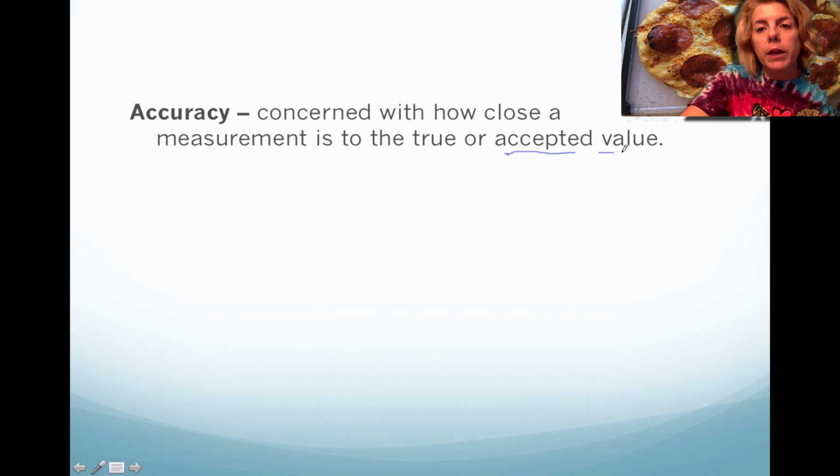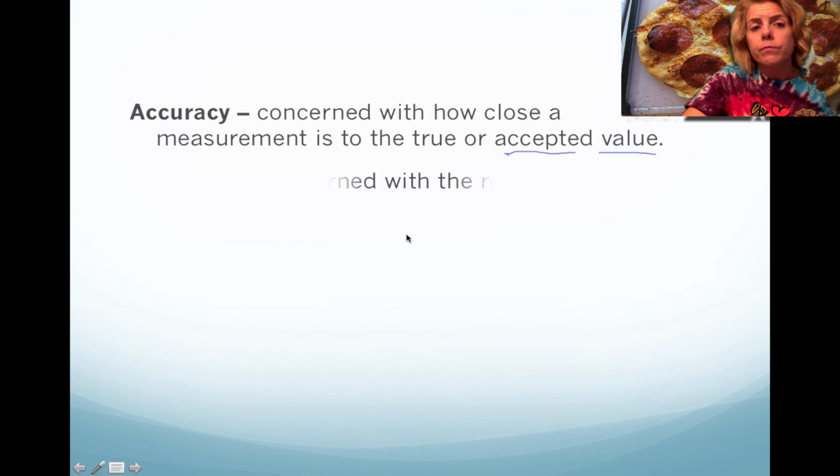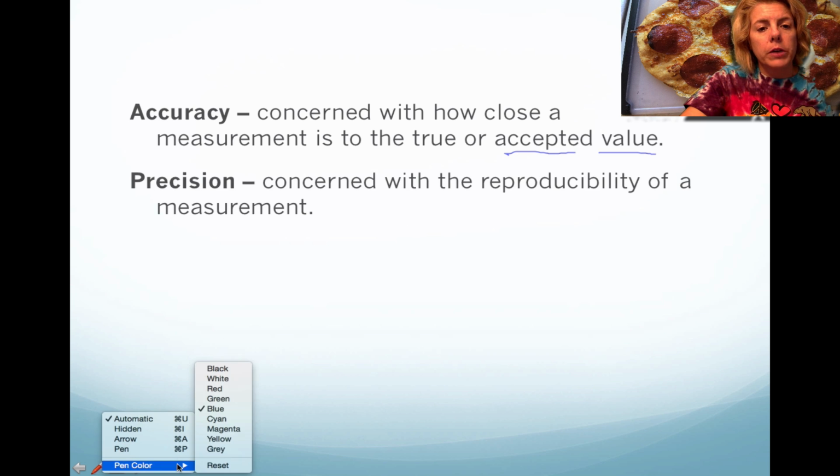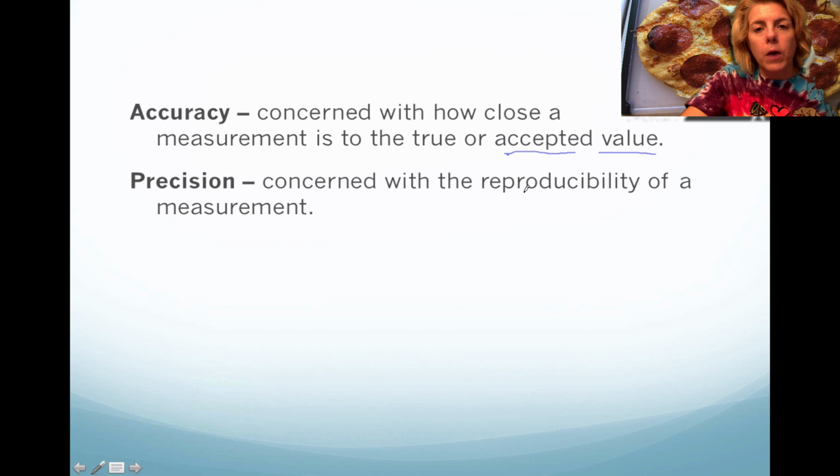And in lab, you're going to have an accepted value, something that you look up in the book or the internet, and you try to hit that mark. Precision is something different. With precision, we're actually looking at reproducibility. So how likely are you to get the same number twice or close to the same number?